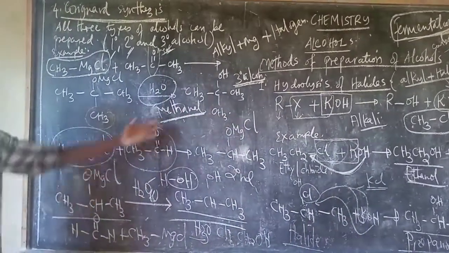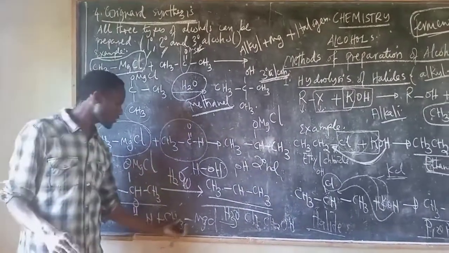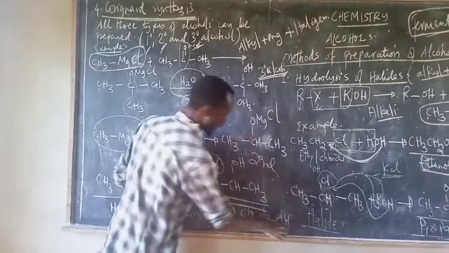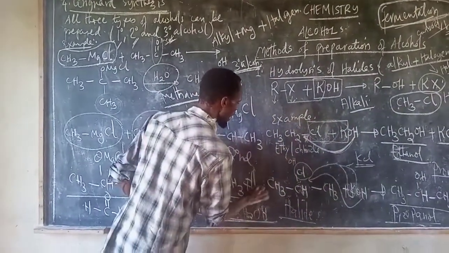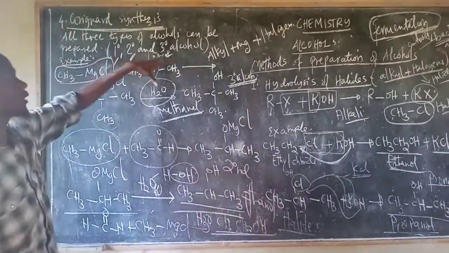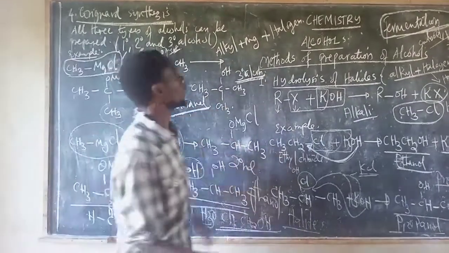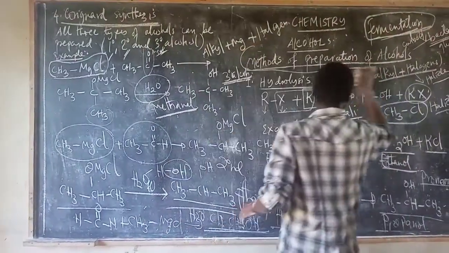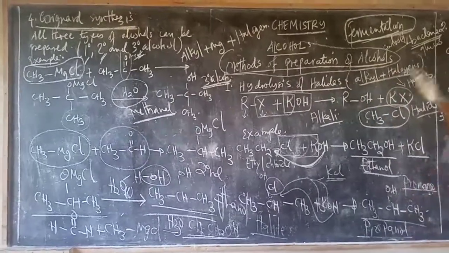But once formaldehyde is reacted with the Grignard reagent, a primary alcohol is formed. So these are the five important methods that can be used to prepare alcohol. If you are asked to explain the methods of preparation of alcohol, now you can mention those.